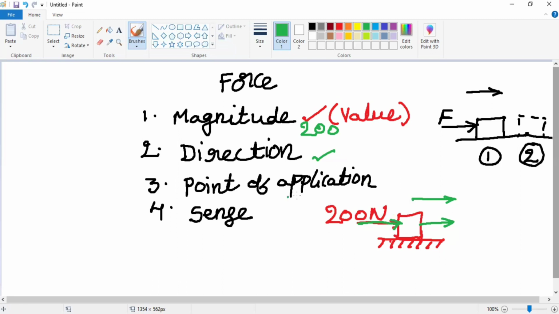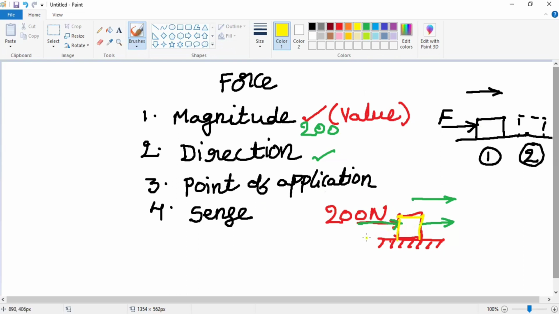Next, the third characteristic is point of application. Point of application means, suppose you apply the force at different locations on this entire body.